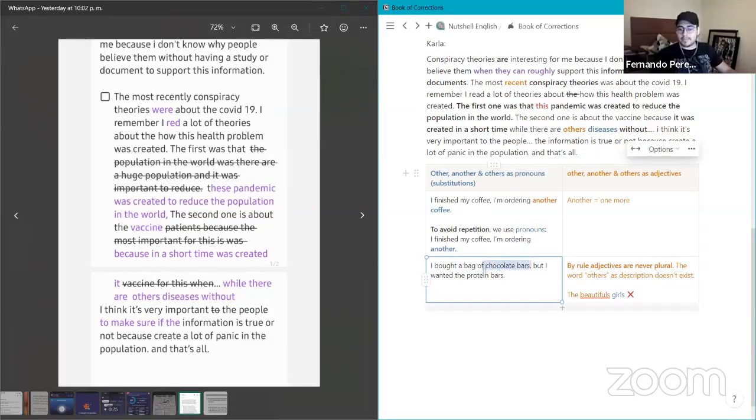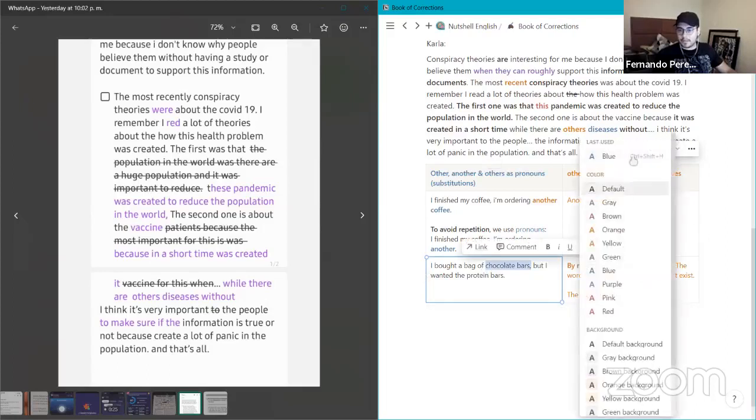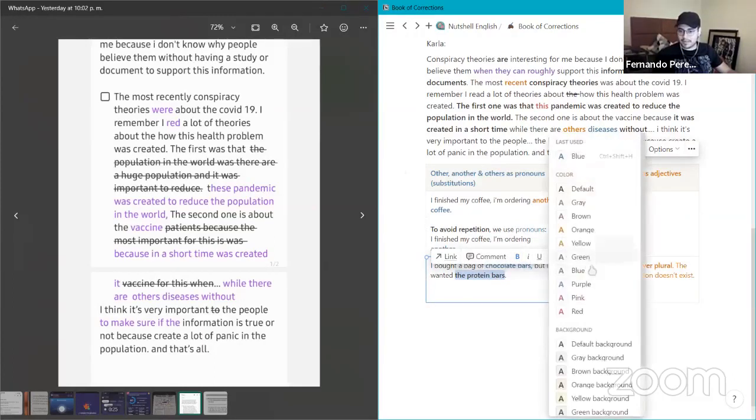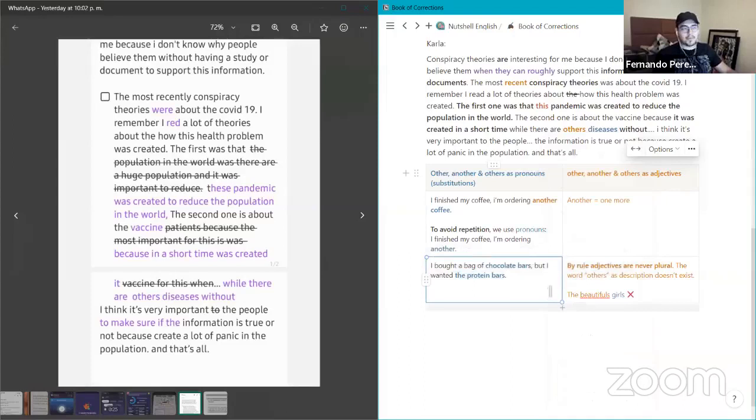The reason I am selecting the words countable and uncountable is because only countable nouns can be plural. Popcorn is not plural. Never.